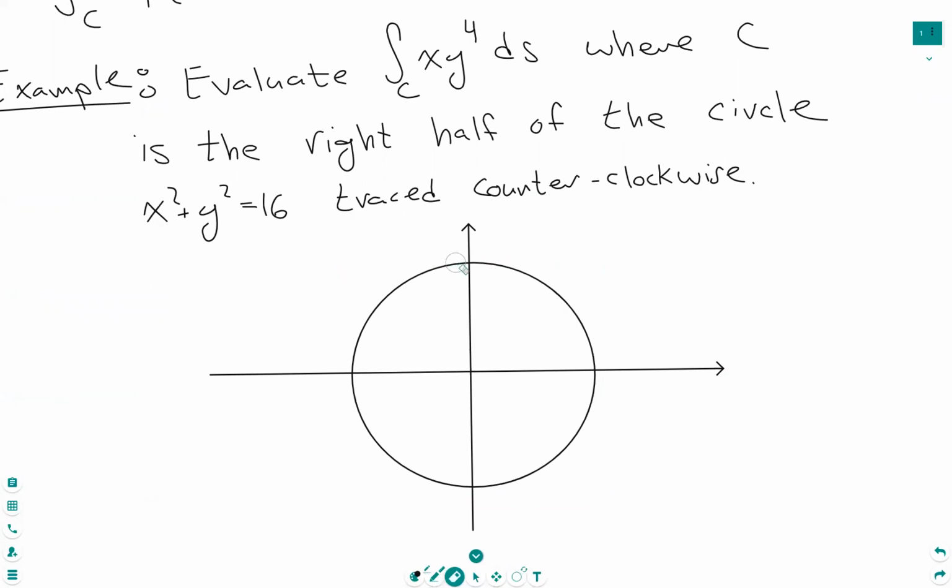So let's go ahead and see if we can erase this left half here. And we also have an orientation, right? This is counterclockwise. So we know that we're traveling in this direction like this, right? And we start down here and then we end up here. This has a radius of 4.